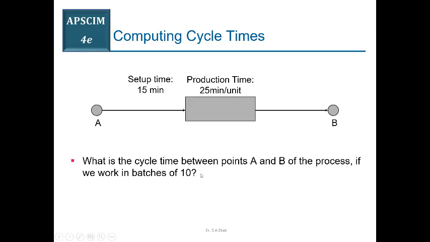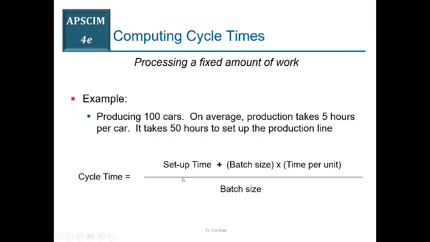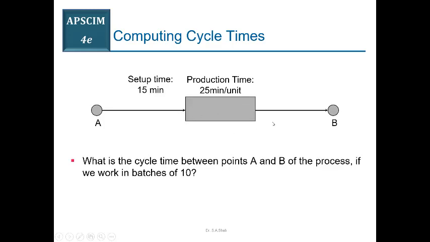What will be the cycle time between point A and B of this particular process? Suppose we have to work in batches of 10. So batch size is 10. Production time of each unit is 25 minutes per unit, and then the setup time is 15. So simply by using this formula, you will have to add that particular setup time when you find the cycle time of this workstation.